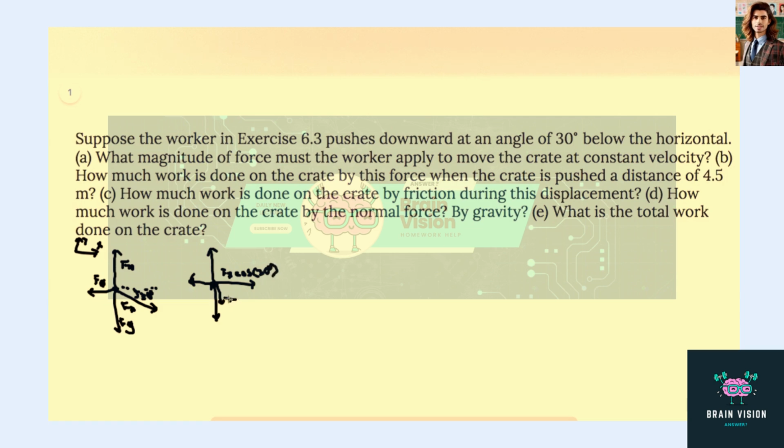And this vector here is the magnitude of the pushing force times the sine of 30 degrees. And label the rest of these here, the normal force, the force due to gravity, and the frictional force.